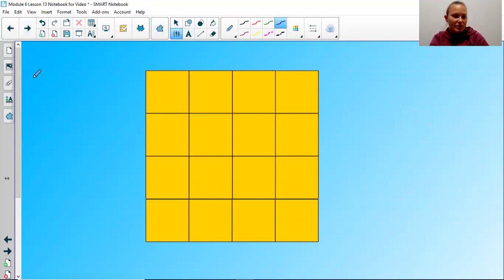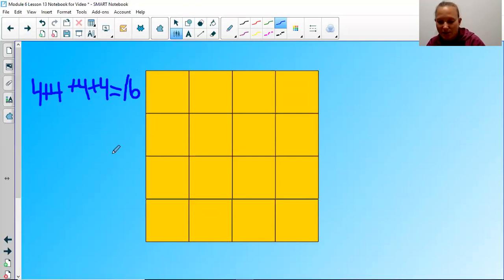So we'll write the equation 4 plus 4 plus 4 plus 4. And we know that 4 plus 4 is 8, and another 4 plus 4 is 8. And we know our doubles, 8 plus 8 is 16. So 4 plus 4 plus 4 plus 4 is 16. So we have 16 total tiles here.